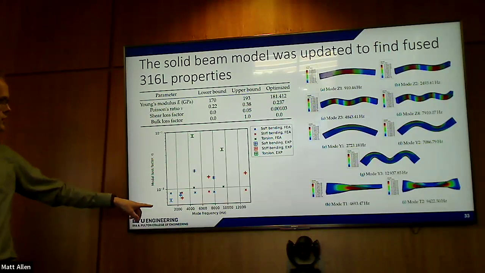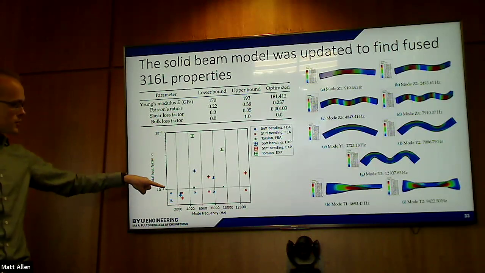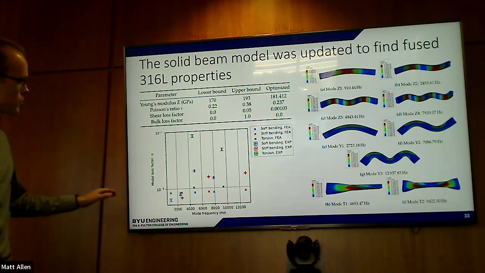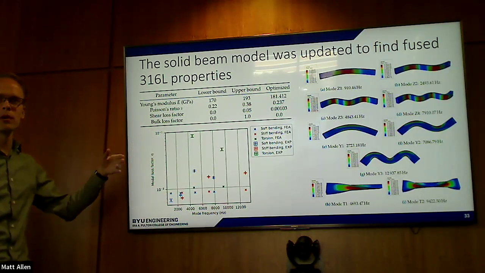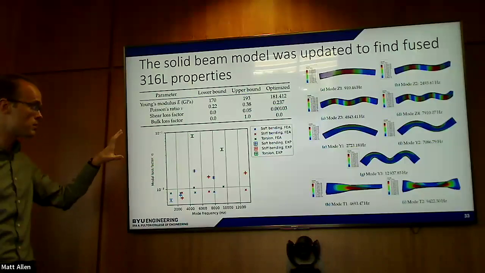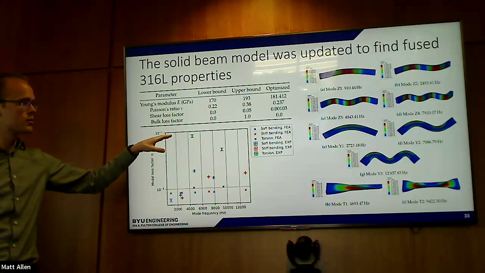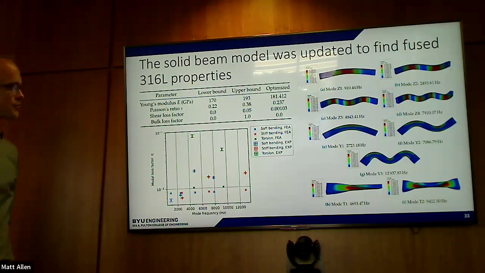And the way to read this is, you say, for the first soft direction bending mode, this was the experimentally measured mean and standard deviation of damping and natural frequency. And this was the model prediction. So we got very good agreement in frequencies, less fantastic agreement in damping, but we weren't as concerned about that for the solid beam. We believe most of the damping in these outlier torsion modes is due to our test setup and the accelerometer wires or something like that.